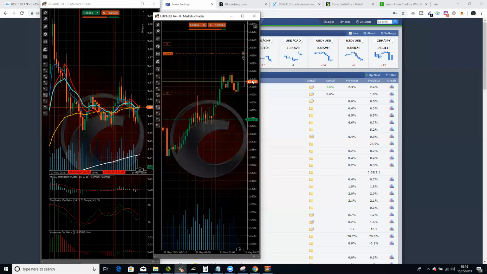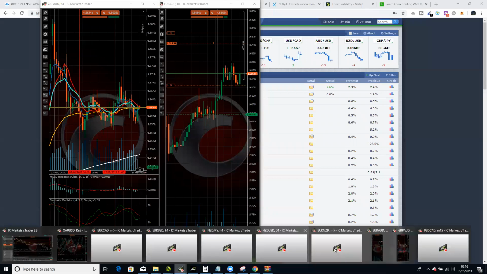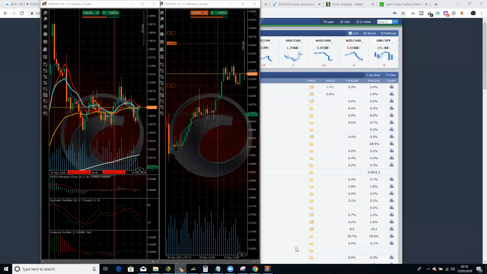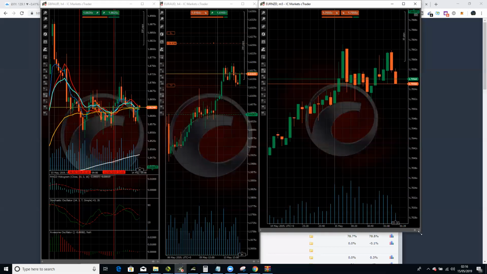All right, so these are the kind of trades that I might look into for the news that's coming up. Since that is coming up between our session, we might have to take advantage of it, in case it's gonna move. Then we have another one right here, which I'll use as Aussie dollar.